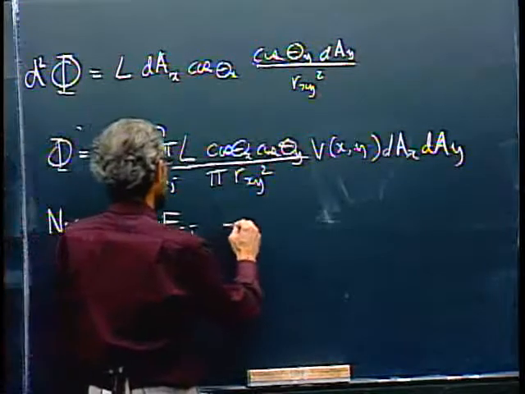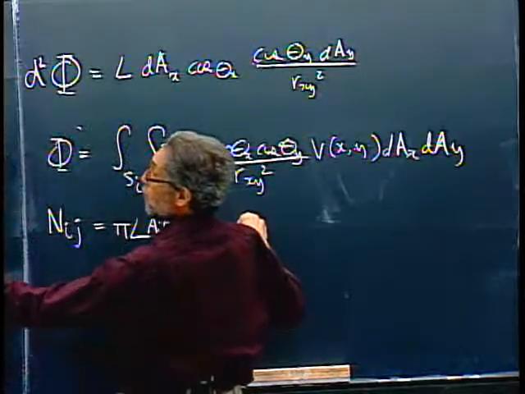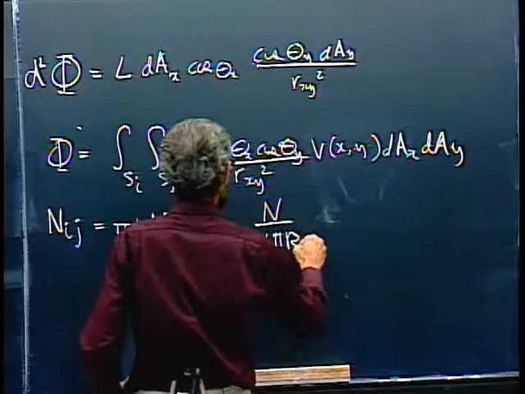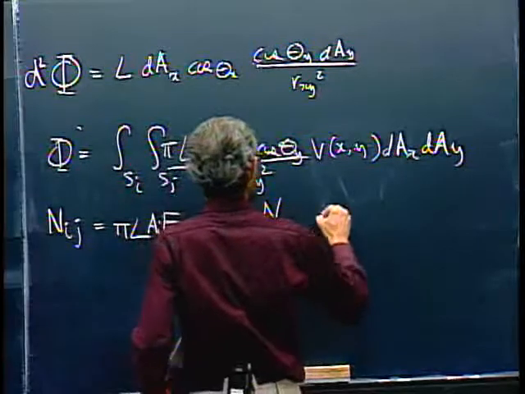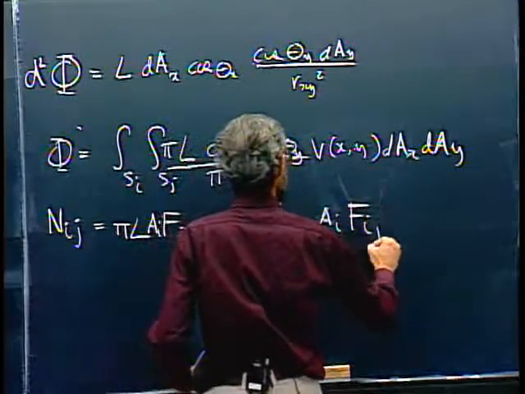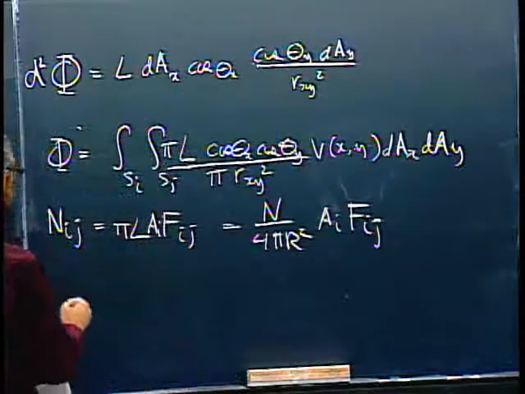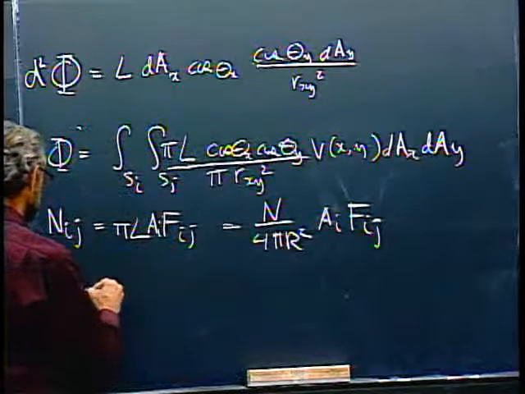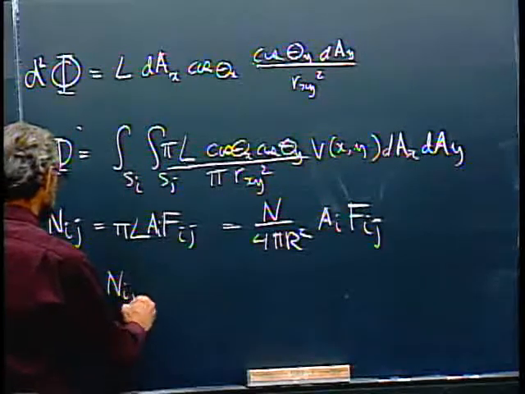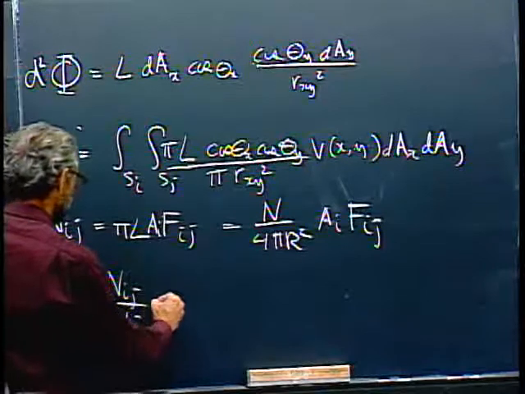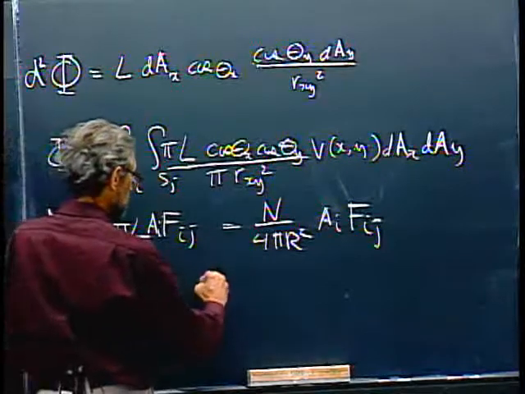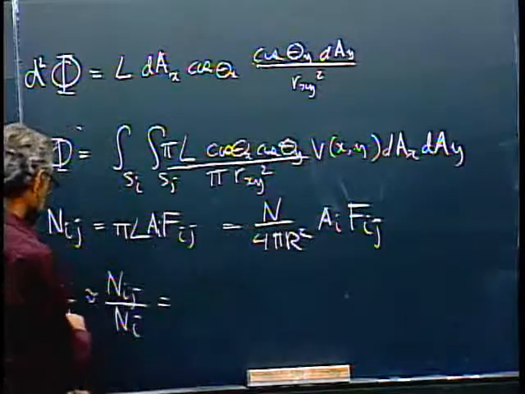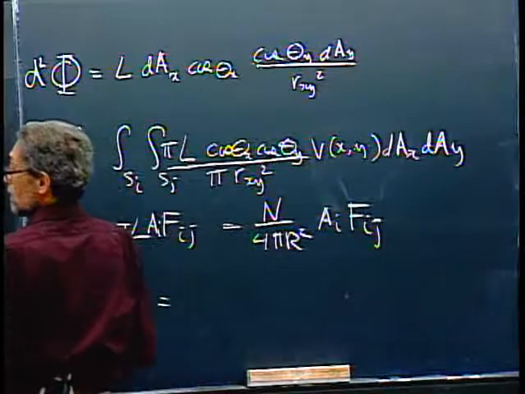And so if I put in my L now, where was my L? N over 4 pi squared r squared. So I'm going to get N over 4 pi r squared for my pi L, A_I F_IJ. Okay, so the claim in the book is F_IJ is approximated then by the actual count N_IJ over N_I. Right, so is that true? The expected value of this one is here, and the expected value of the denominator is there.